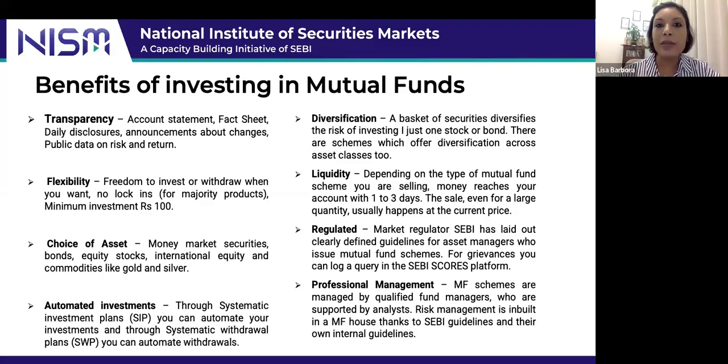At least once a month, you will be aware of the portfolio of the scheme and you will get to see what are the securities in the scheme. Any announcements on changes of, say, expense ratio, which is the cost of investing in a mutual fund, or any other important changes will be communicated to you by the mutual fund via your email.